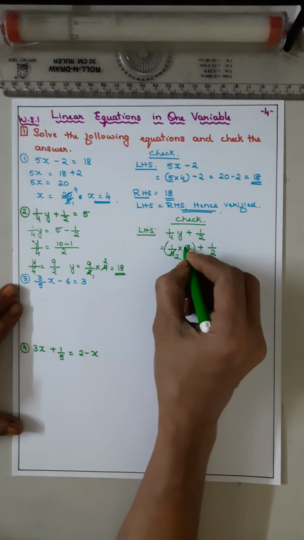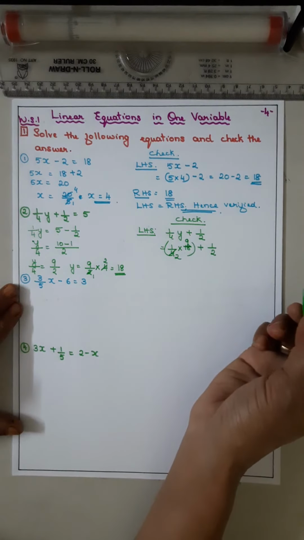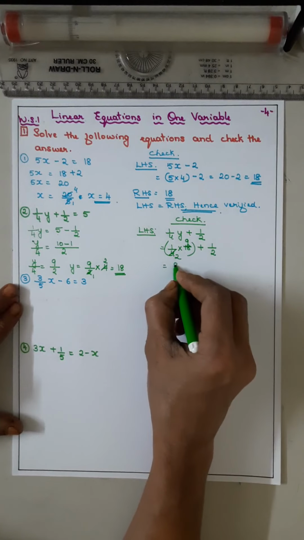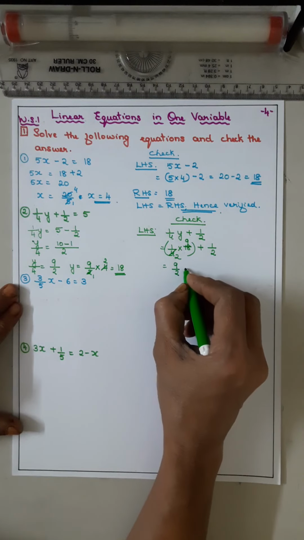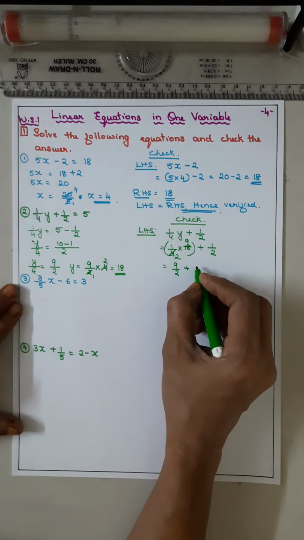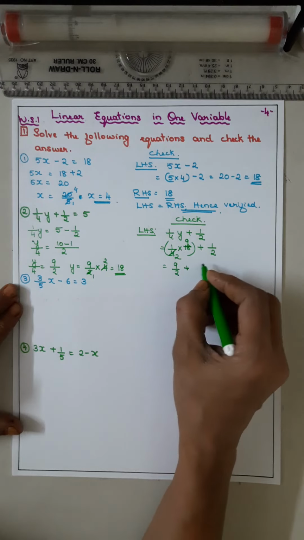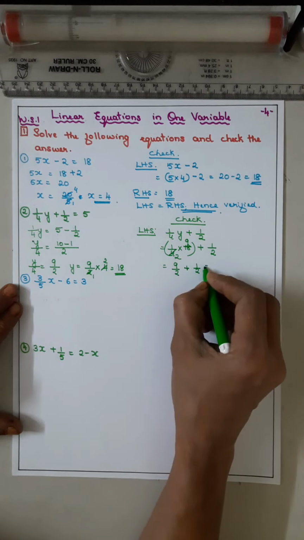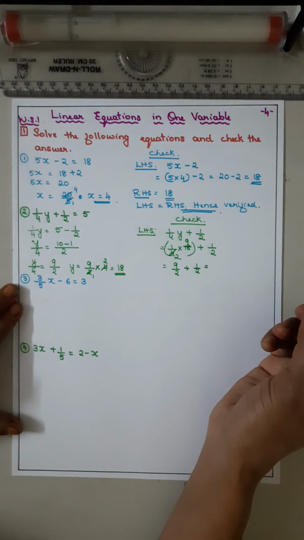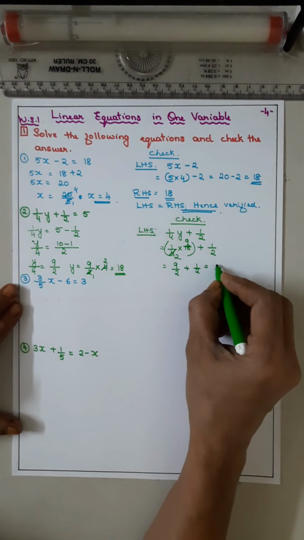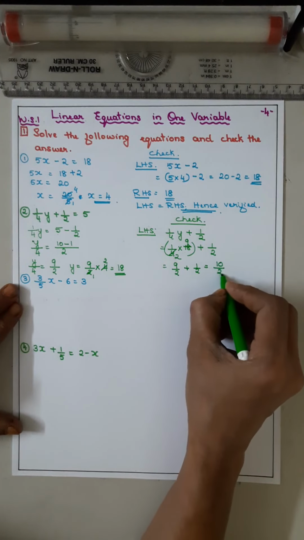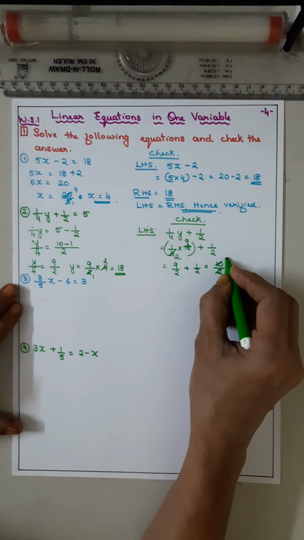Now 2 2s are 4, 2 9s are 18. So it will be 9 by 2 plus 1 by 2 is equal to, how much is it? 9 plus 1 is 10 by 2. 2 1s are 2, 2 5s are 10.